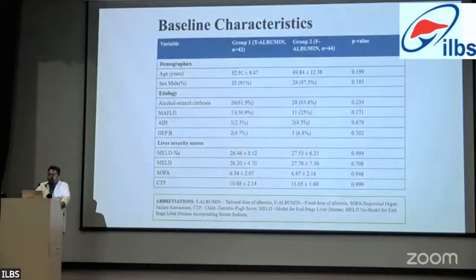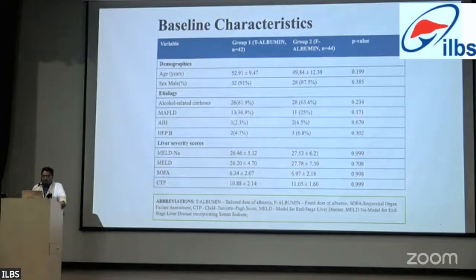Among the baseline characteristics, we have the demographic characters where age and sex were taken. For etiology, the majority of patients had alcohol-related cirrhosis, hepatitis B was 5%, and metabolic-associated liver disease was the second most, with 30% in the tailored group and 25% in the fixed dose albumin group. Patients had a baseline MELD of around 26 to 27, showing moderate severity of their disease.